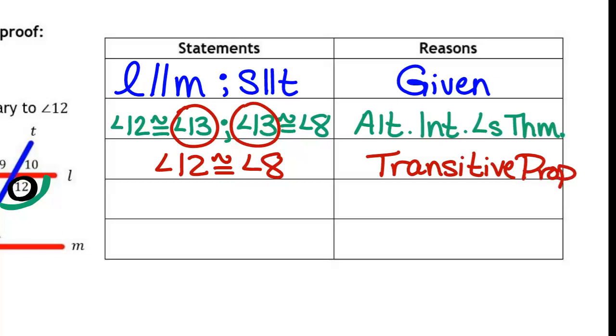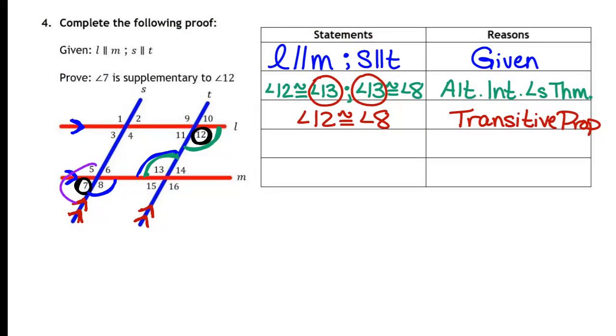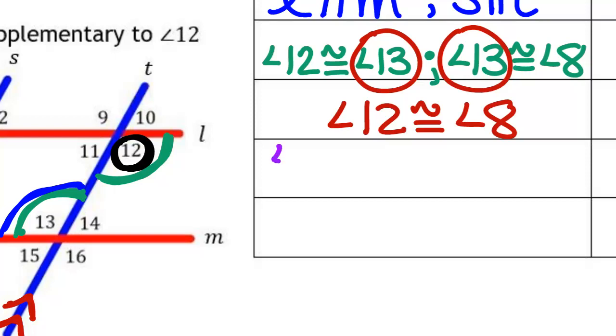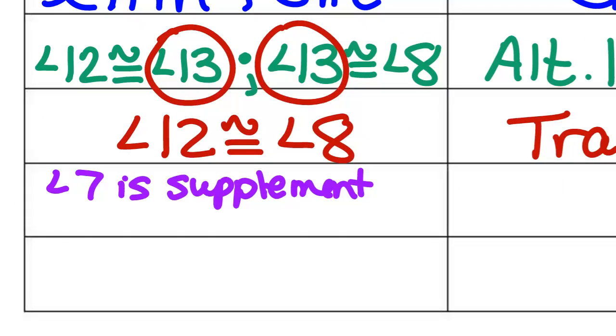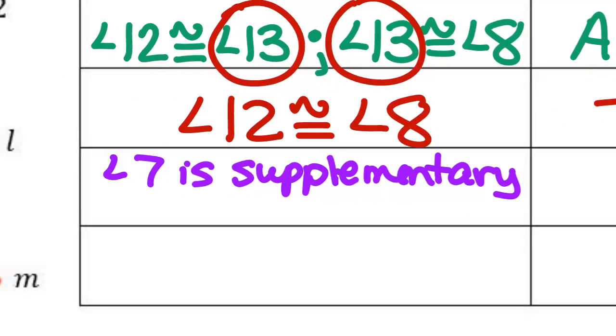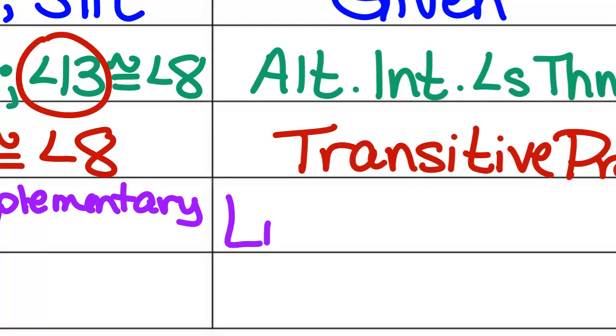We're supposed to talk about supplementary. Look at 7 and 8. Are those two supplementary? Why? What kind of a pair do we call 7 and 8? Linear pair. Angle 7 is supplementary to angle 8 by the linear pair theorem.